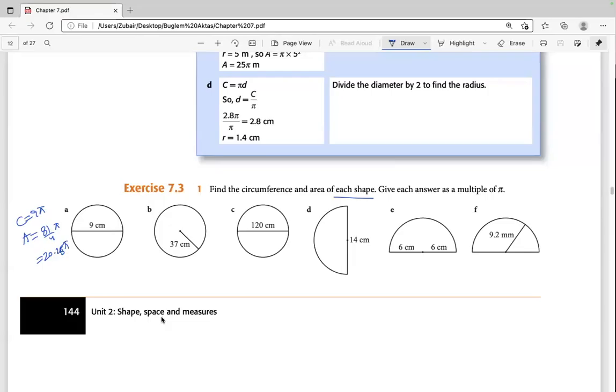Work out for this D part. So 7 pi for circumference. Because it is pi r plus 2r.